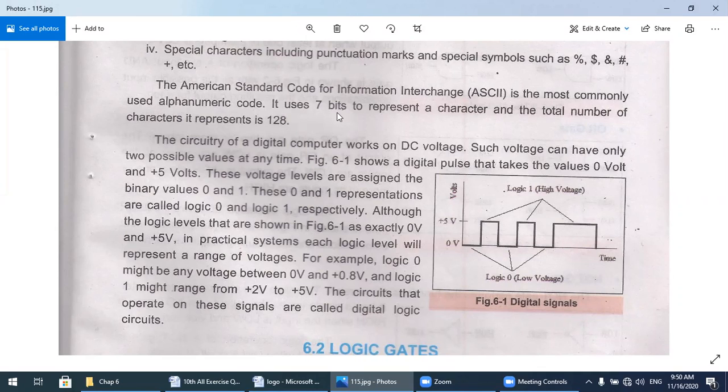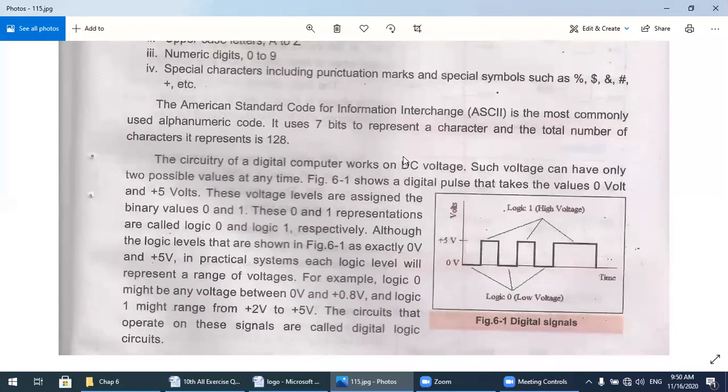It uses 7 bits to represent a character, and the total number of characters it represents is 128. So ASCII is a 7-bit code. Sometimes we can use ASCII as 8-bit.